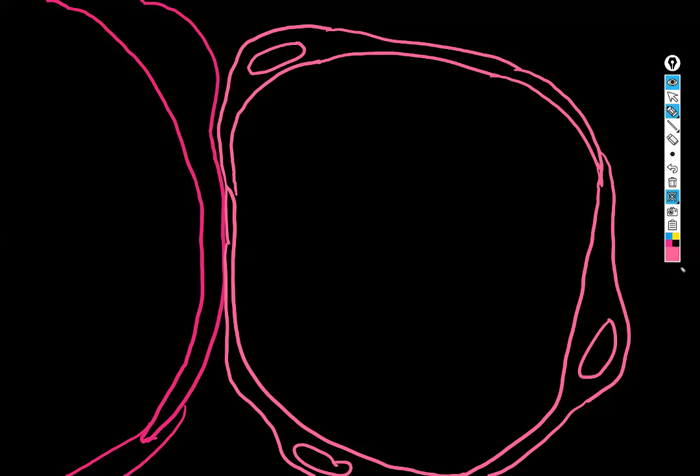So everything is very, very thin, which is good because that means our diffusion distance is very tiny, and that's going to facilitate good gas exchange. So over here, I'm going to do some labeling.